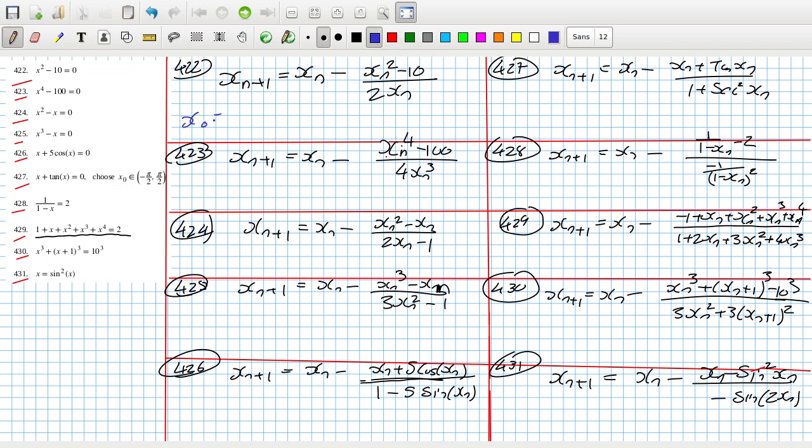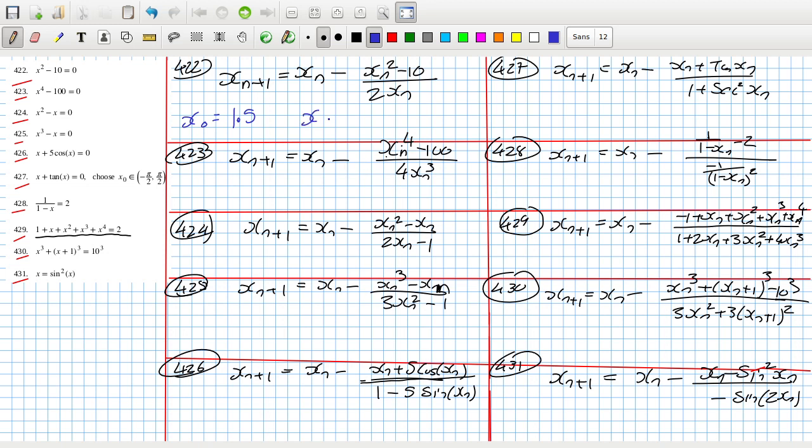And let us try this again. Let us start with, I think I was starting with 1.5 in the previous video attempt where I screwed it up. 1.5 minus answer squared minus 10 over twice the answer. 1, 2, 3, 4, 5.